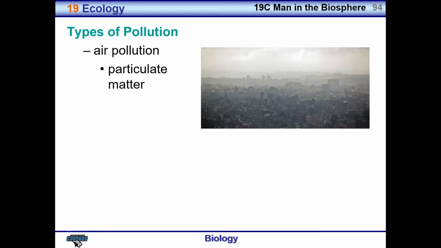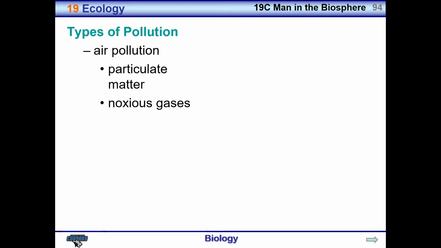Air pollution can be of one of two kinds. It's either particulate matter or it could be noxious gases. The particles could be like soot or dust.